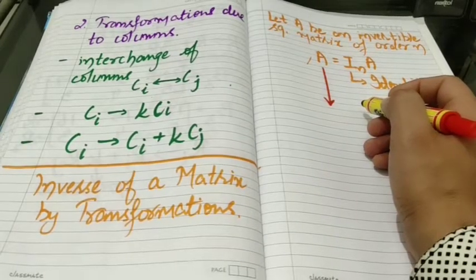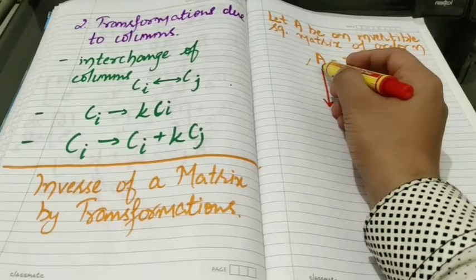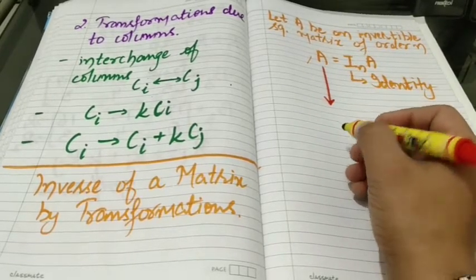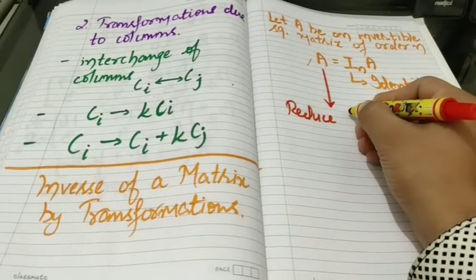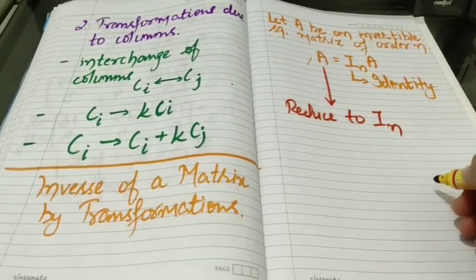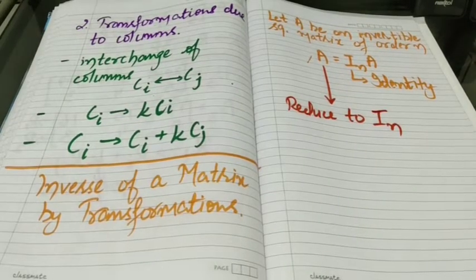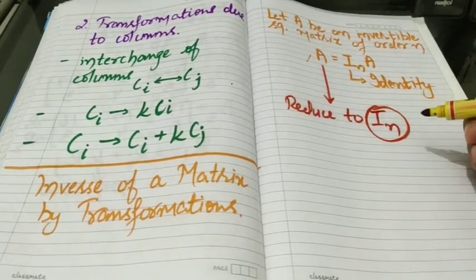Now, by applying elementary operations along rows on matrix A in the left hand side only, we can reduce matrix A to the identity matrix of the same order. But to maintain the equality, we have to bring about necessary changes in the right hand side so that their product becomes equal to the identity matrix.